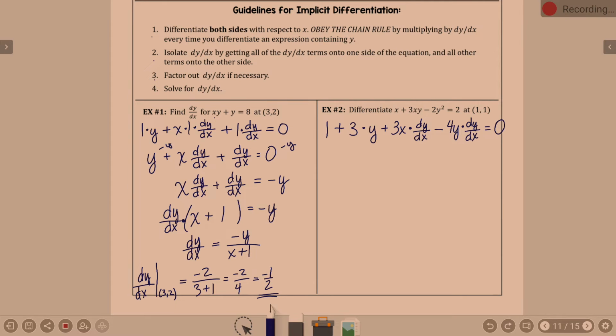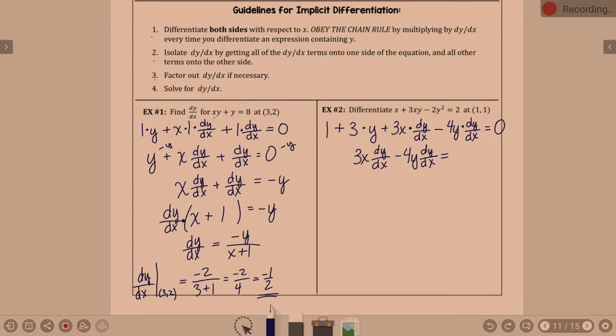Let's see. We can get fancy and do a lot of this all at once, but I'm afraid to do that. How about we go ahead and clean it up, but keep the dy/dx terms and move everybody else? Sure. So what am I keeping here then? The 3x dy/dx minus 4y dy/dx is going to equal what?